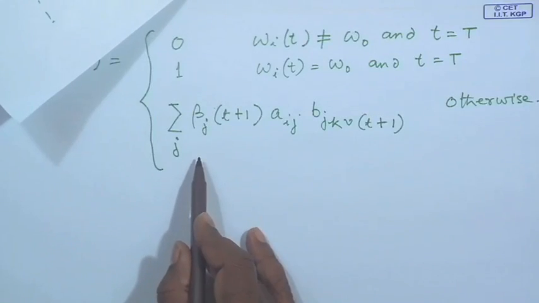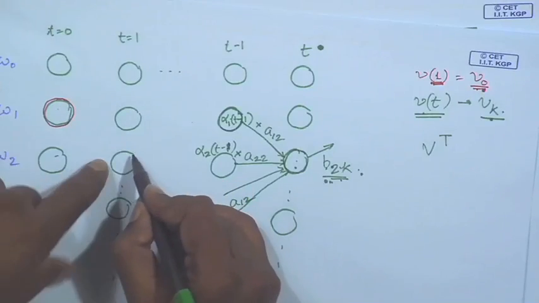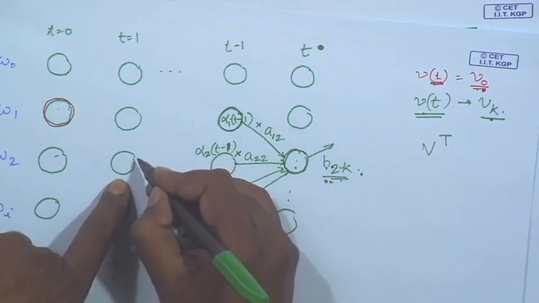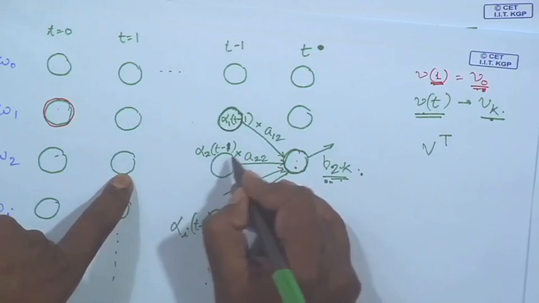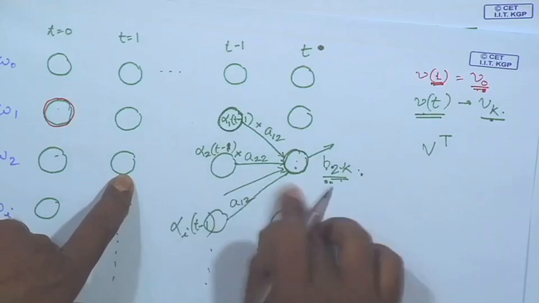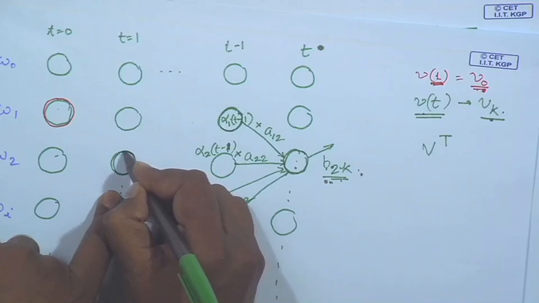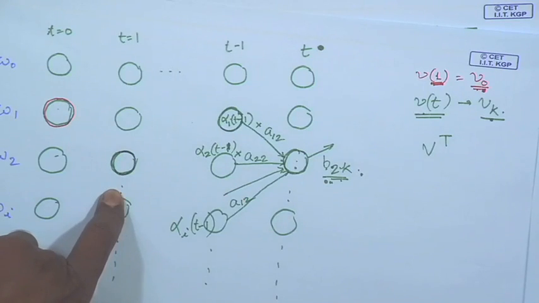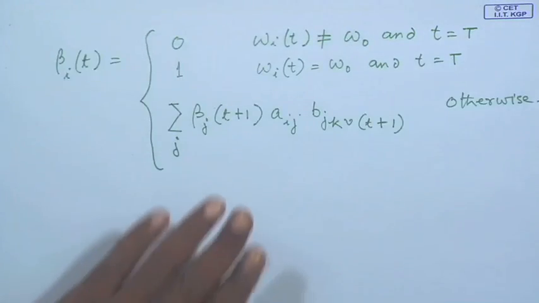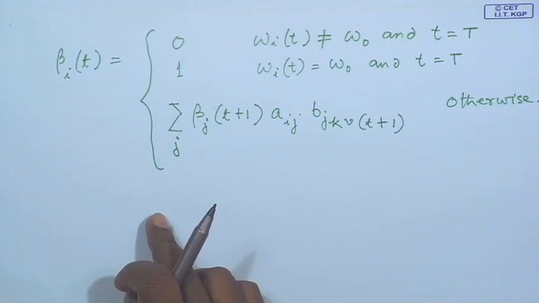In case of the backward algorithm, on the other hand, for every state in step t, I will find out what are the possible transitions to different states in step t plus 1, because all these transitions are supporting the existence, or the probability of existence, of this particular state. So, that is what is done in the backward algorithm, and for that this beta it has been defined.